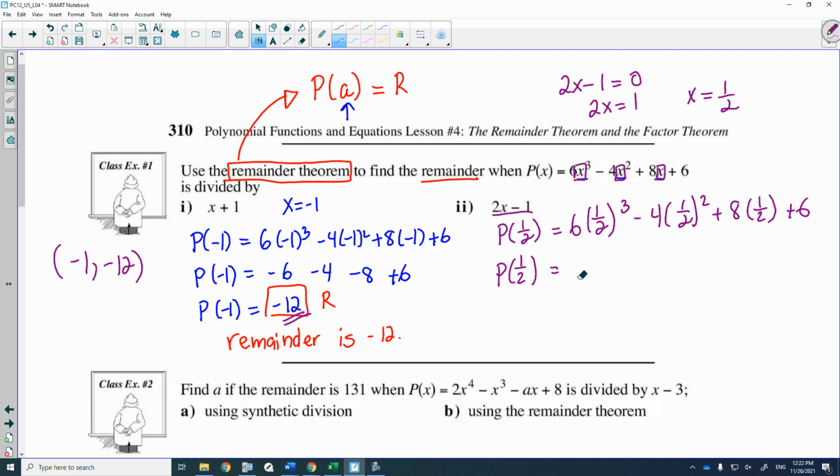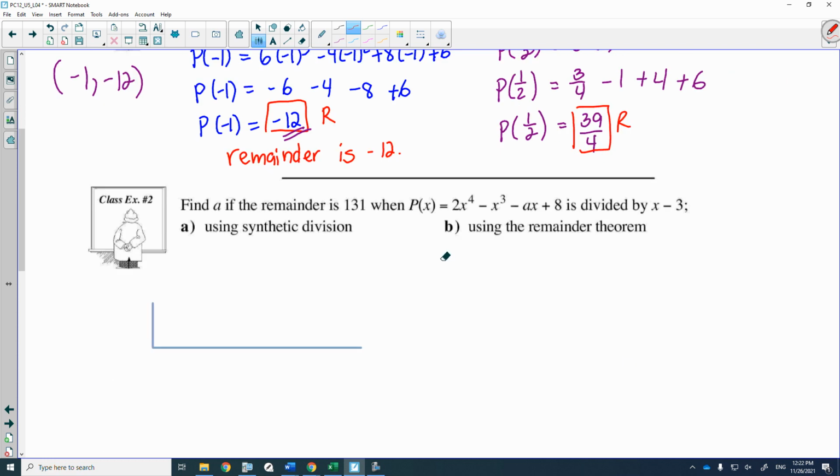But if you were entering each term separately, it's going to be 3/4 minus 1 plus 4 plus 6. And then P of 1/2, when x is 0.5, the remainder is going to be 39/4. That is my remainder. So the remainder is 39/4.